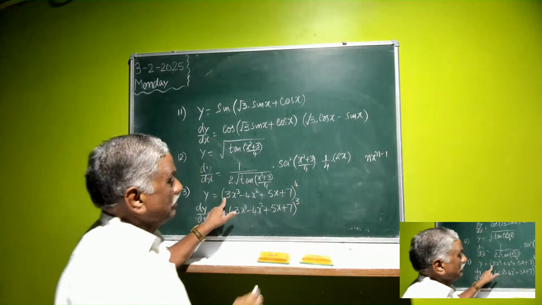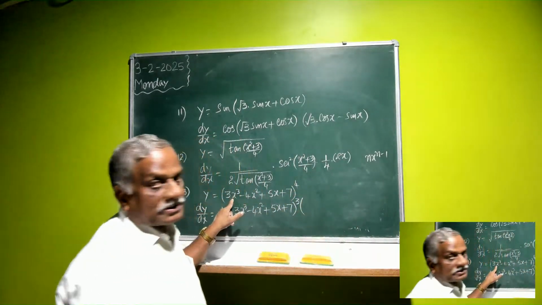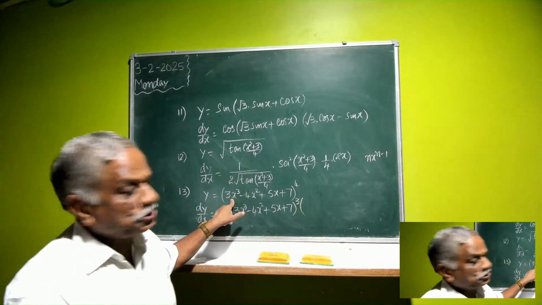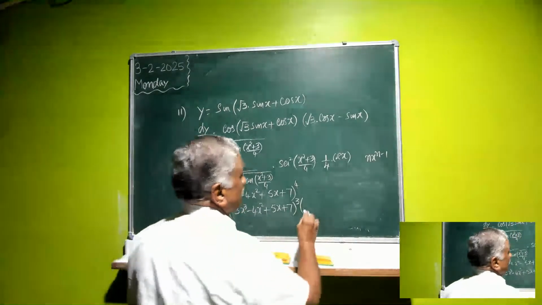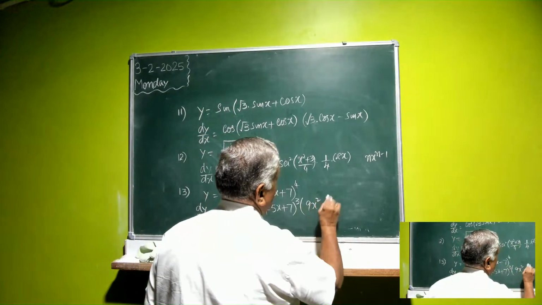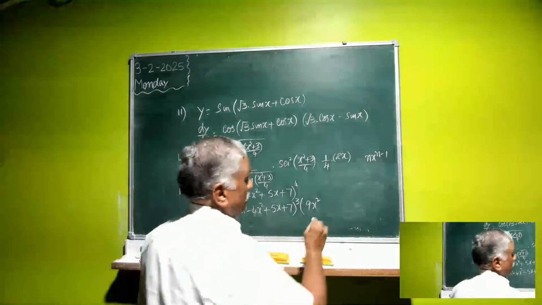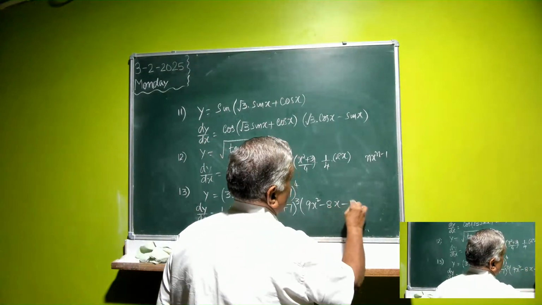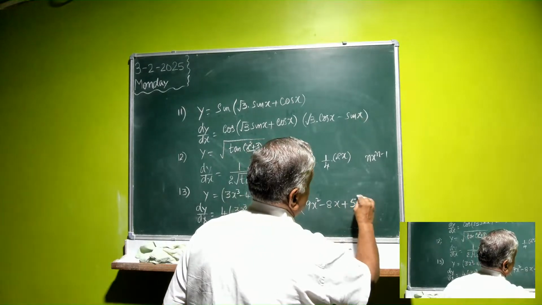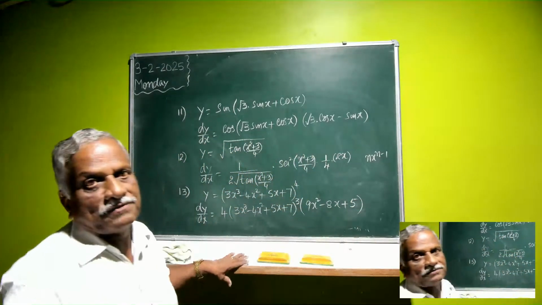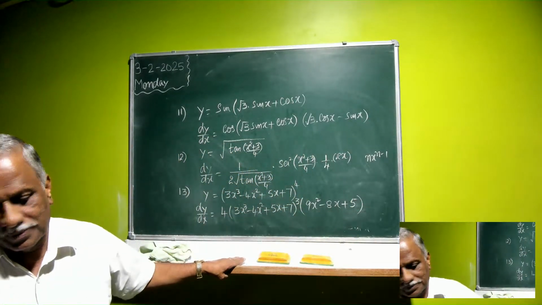Power is over, now I should differentiate 3x cube. 3 is a constant, x cube gives 3x square, therefore it is 9x square. Minus 4 is a constant, x square is 2x, therefore minus 8x. 5 is a constant, x is 1, and differentiation of 7 is 0.